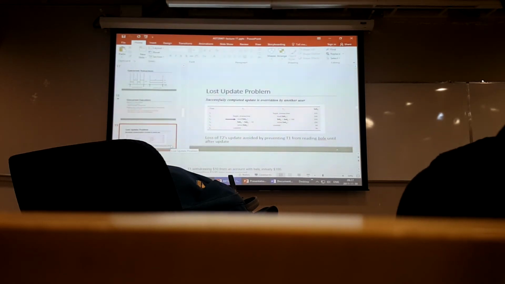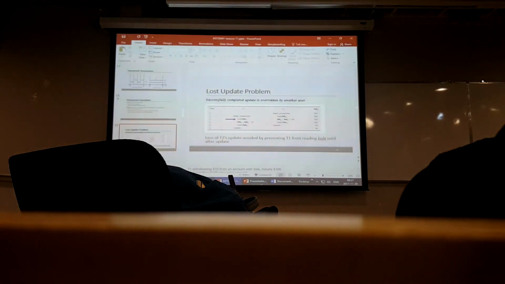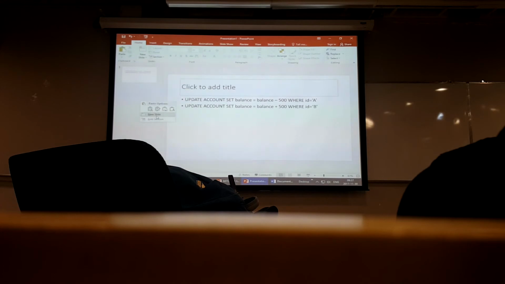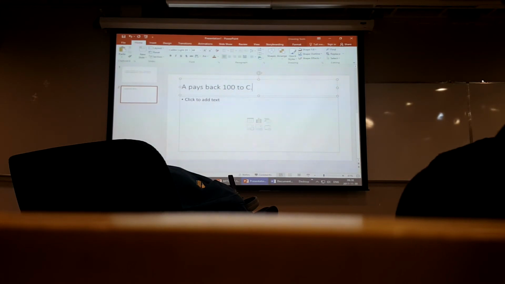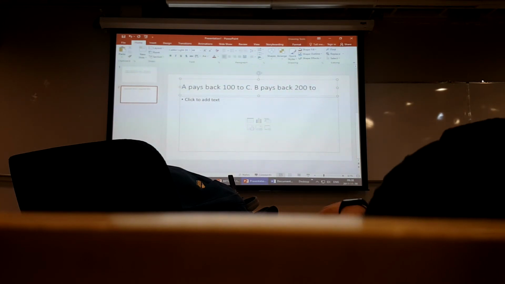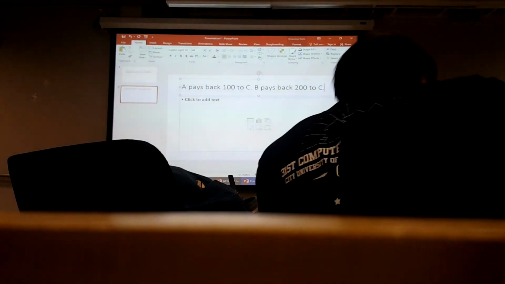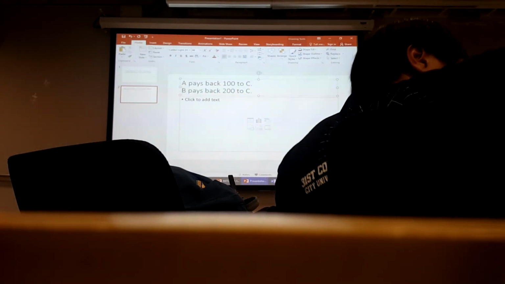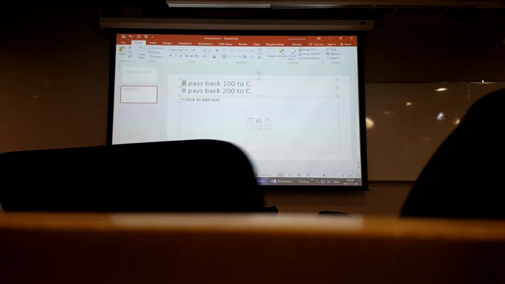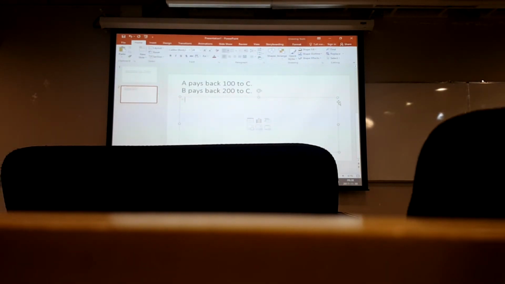So for a transaction, A pays back 100 to C, and B pays back 200 to C, at the same time. So don't worry about A and B's accounts. So it would be something like that.